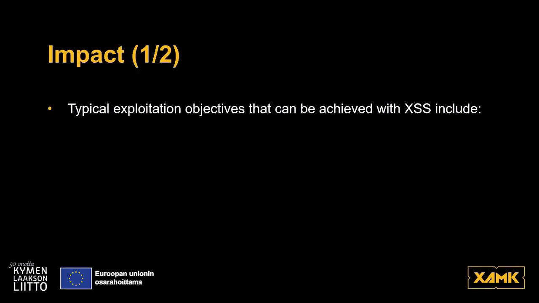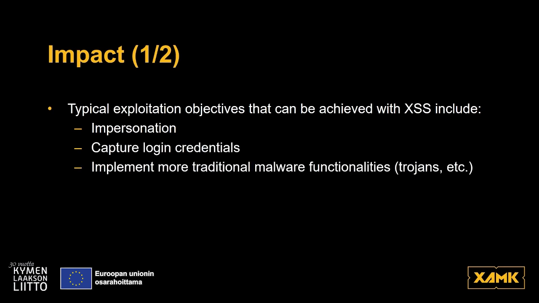Then we have impact. So typical exploitation objectives that can be achieved by XSS include impersonation. We can also capture login credentials or cookies. We can implement more traditional malware functionalities from Trojans, keyloggers, for example. And of course, defacement.